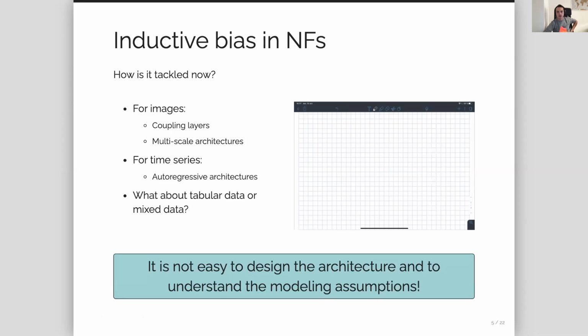But when you are working with simple tabular data, there is no architecture that will particularly put a good inductive bias. Even if there are architectures that are able to take into account symmetries and so on, they are not really helping with tabular data. So at the end, it's not easy to design the architecture and to understand the modeling assumptions, except for some cases.